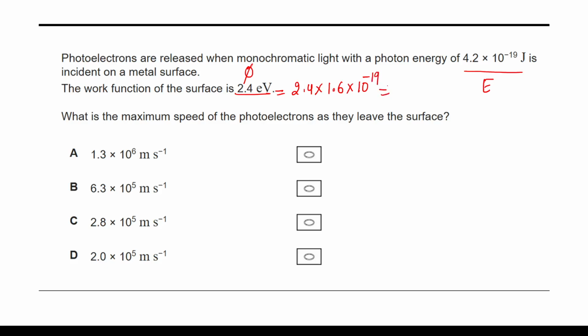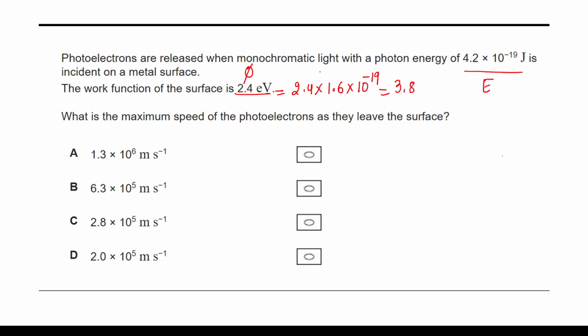I'm just using my calculator. 2.4 times 1.6. So I am getting 3.8 times 10 to the power minus 19.